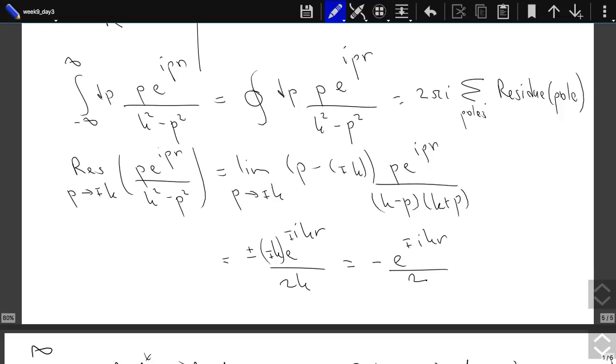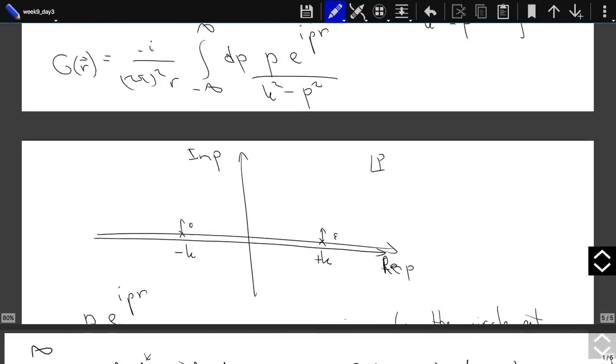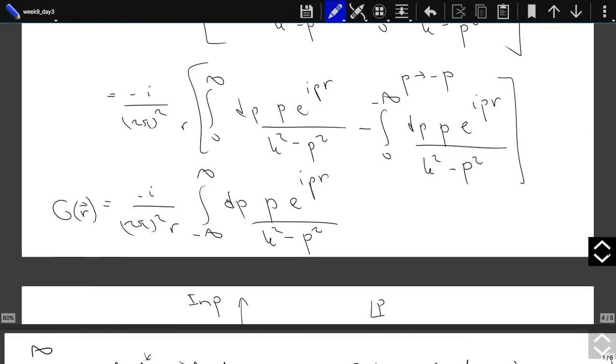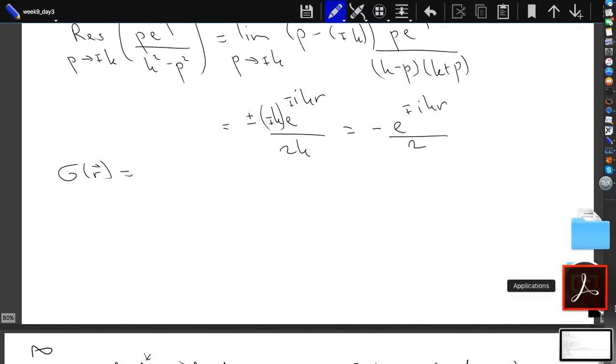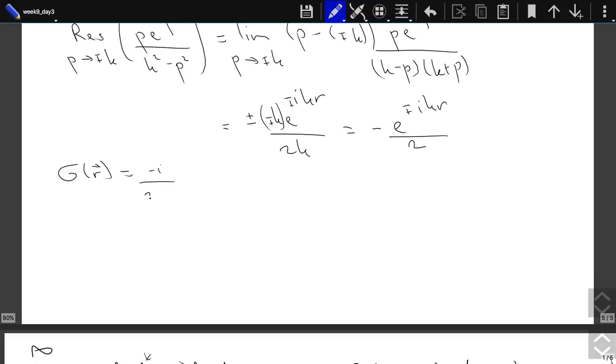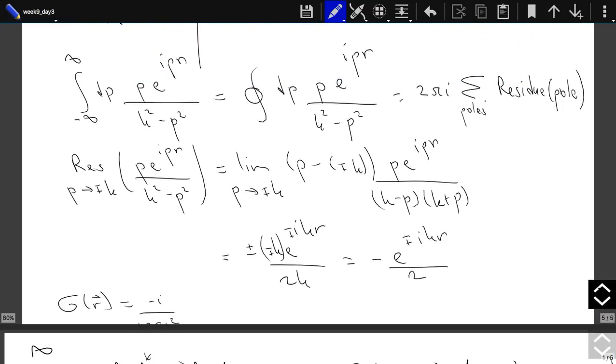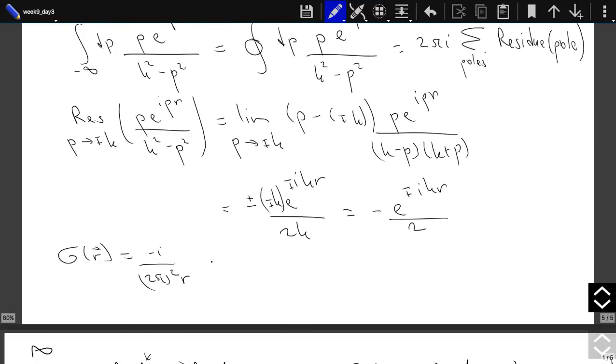So G, let's see, we had this integral, but then we have this minus i over 2 pi squared r times, from the residue theorem, a factor of 2 pi i.